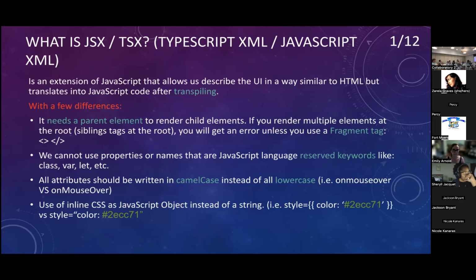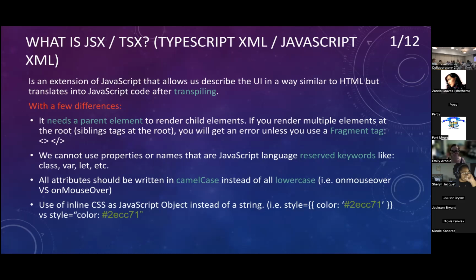Everything is transpiled into JavaScript code, because when you transpile the code, everything that looks like HTML is converted into JavaScript code, and it has some differences from real HTML, which is listed here.